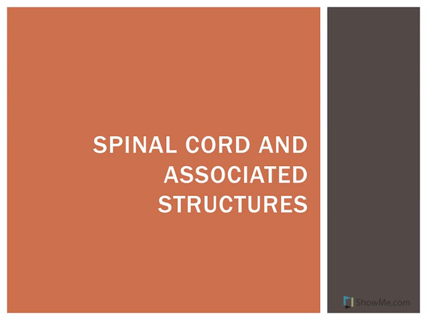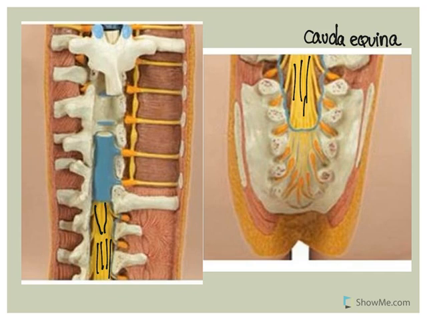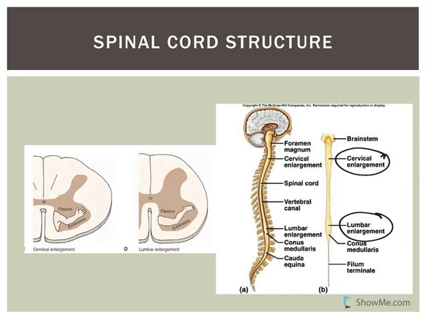Another thing I forgot to mention, I have to come back here and find my picture, is something called the filum terminale. On this picture you see it right there, and on the earlier pictures it's listed here. It literally means a terminal filament.